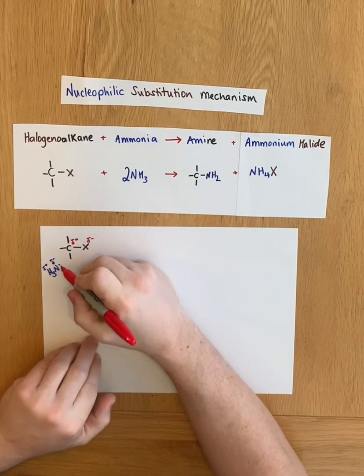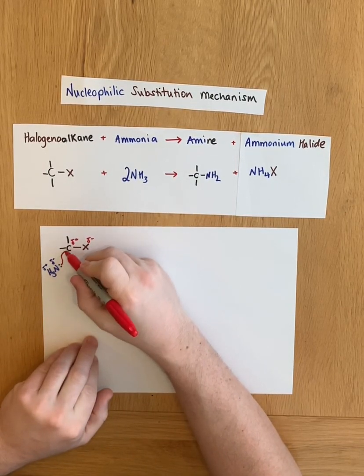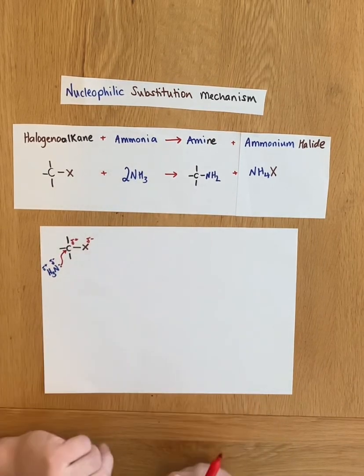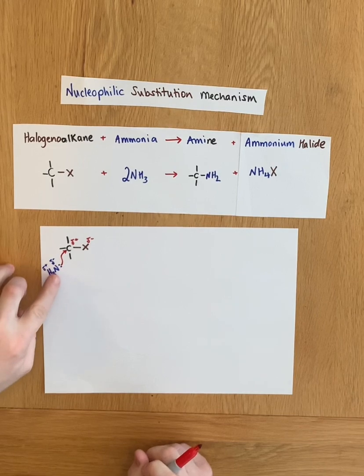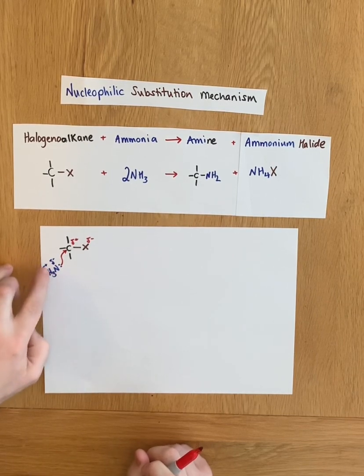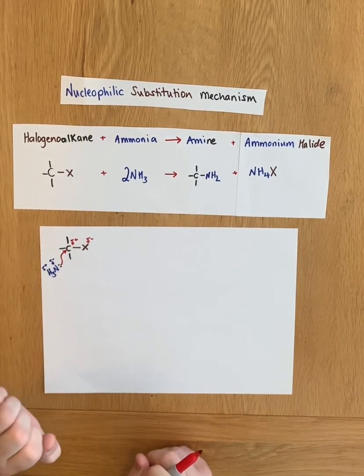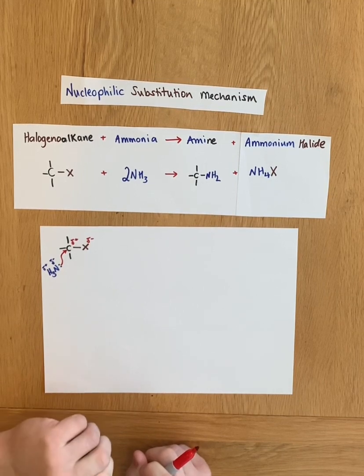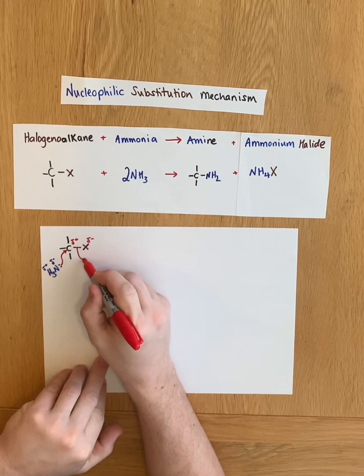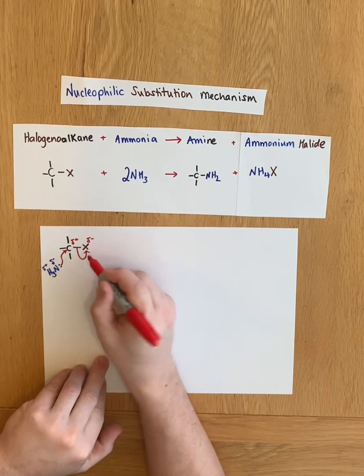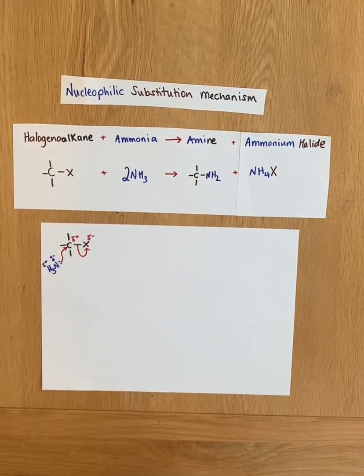The pair of electrons on the nitrogen atom are going to form a bond to the carbon of the halogenoalkane. So this curly arrow shows those two electrons, the lone pair, are going to form a bond to that carbon of the halogenoalkane. The pair of electrons from the carbon-halogen bond are going to move onto the halogen atom.